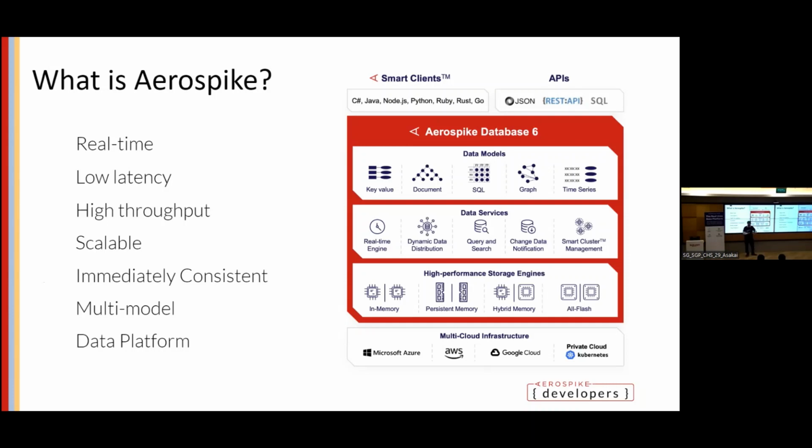You can use graph on top of Aerospike, which is an upcoming feature, actually very interesting. I want to talk about that a little bit. If you have seen many graph features that are out in the market, there's a lot of ETL that happens in graph. The graph itself might be fast, but the data to be loaded to graph takes a lot of time.